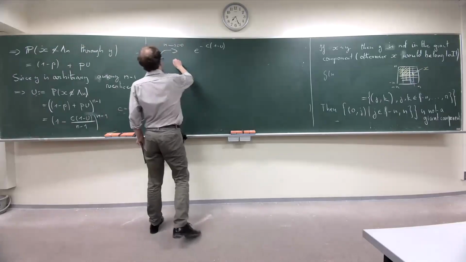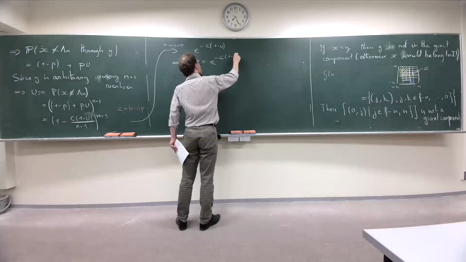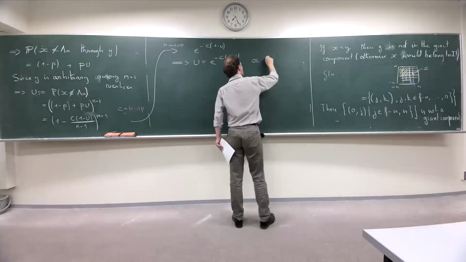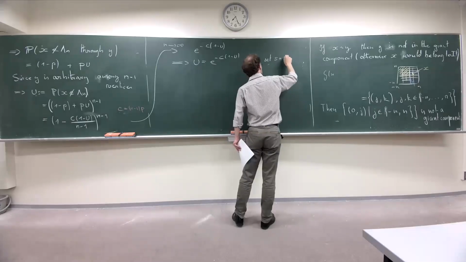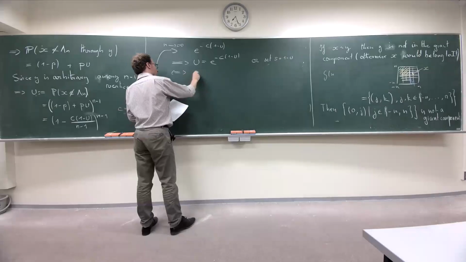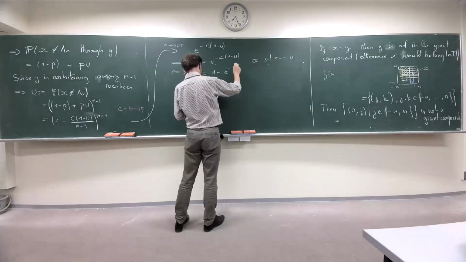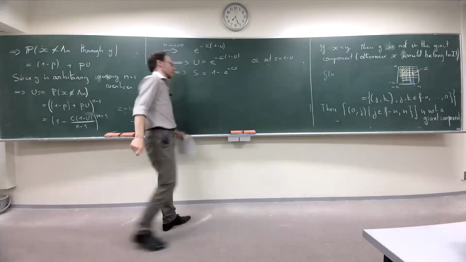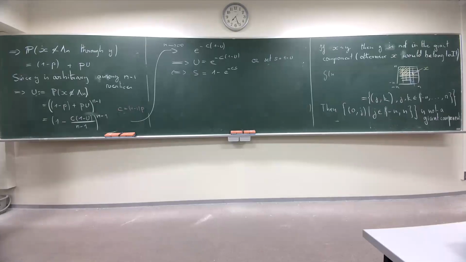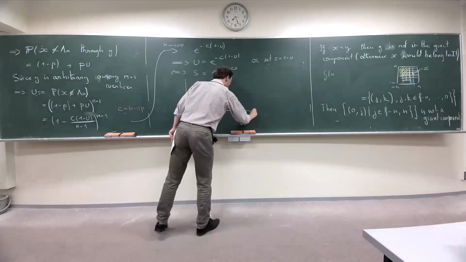So we end up with the equation U is equal to E minus C 1 minus U, or if I set S is 1 minus U, this is equivalent to the equation S is 1 minus E minus CS. You have probably already seen these kinds of equations. You cannot solve them, but you can still do pictures. And this is very useful.